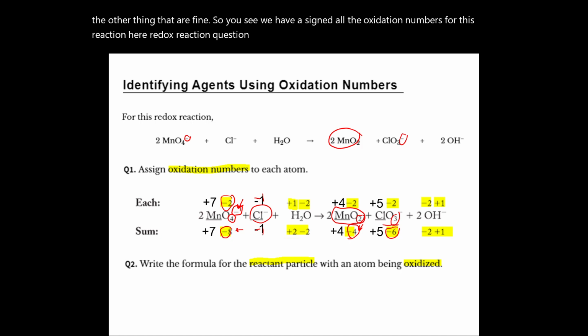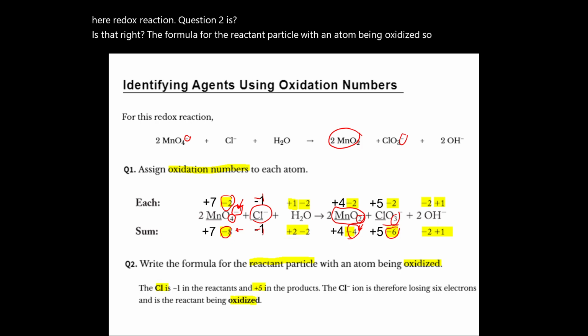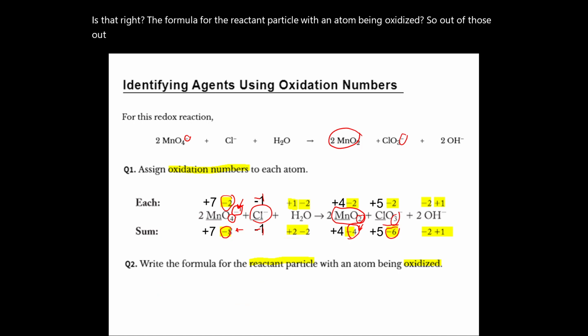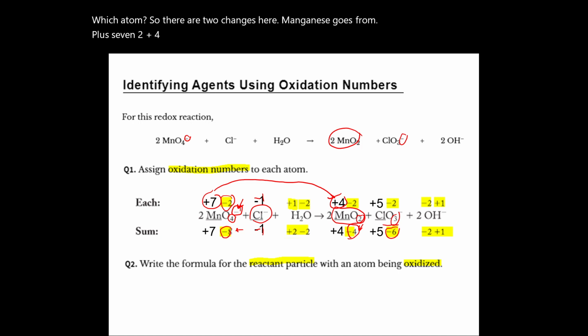Question 2 is write the formula for the reactant particle with an atom being oxidized. So out of those, which atom? There are 2 changes here. Manganese goes from +7 to +4, so that is a reduction.